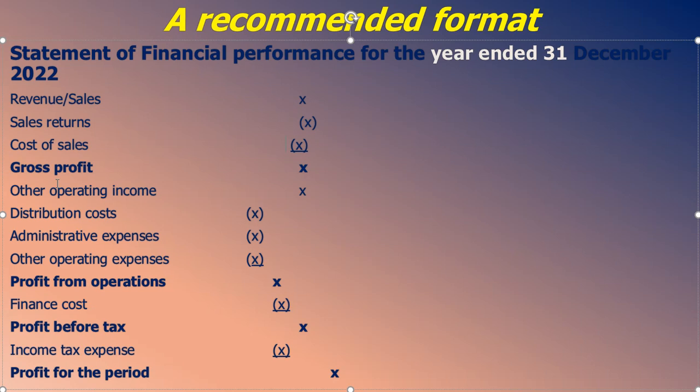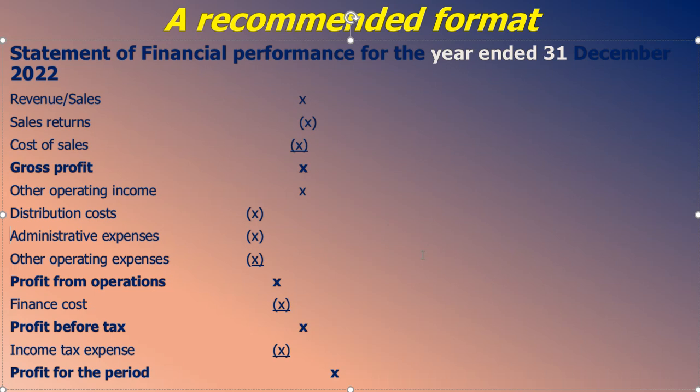Now, on that, of course, you less expenses. If the company or an entity has distribution costs, you put it there. It has administrative expenses, you put operating expenses, you put depreciation if they are reporting isolated line items, you include each and every expense.